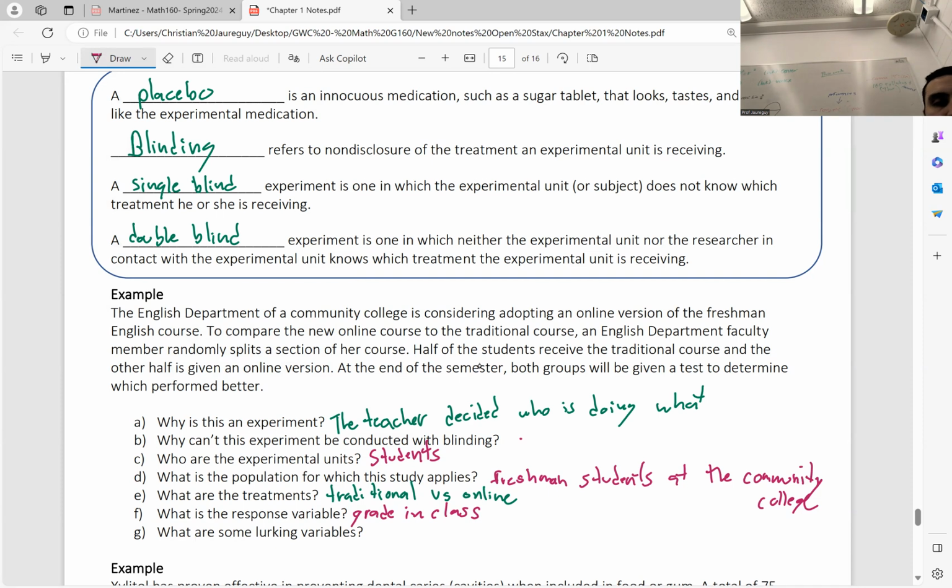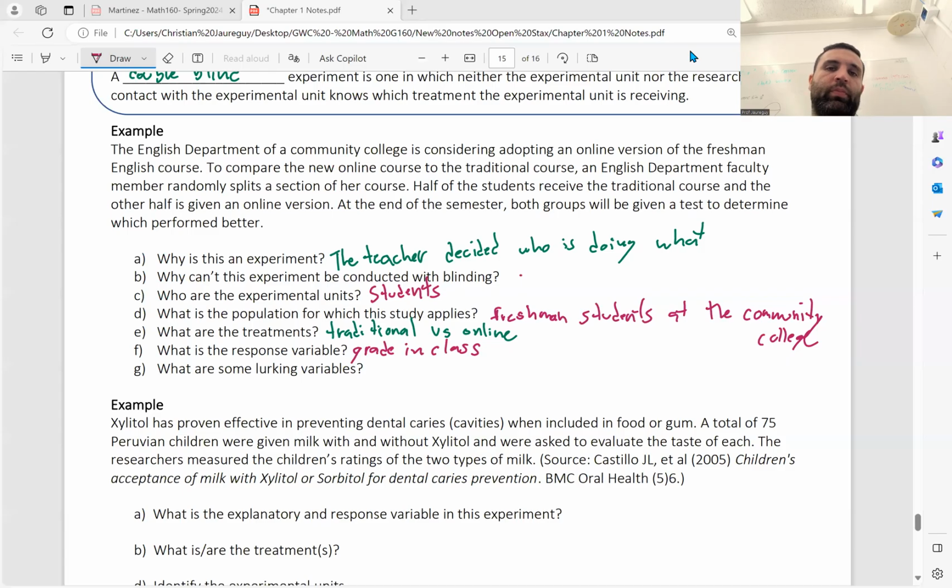And then what are some lurking variables? So let's take a second and think about this. There's quite a few lurking variables here.